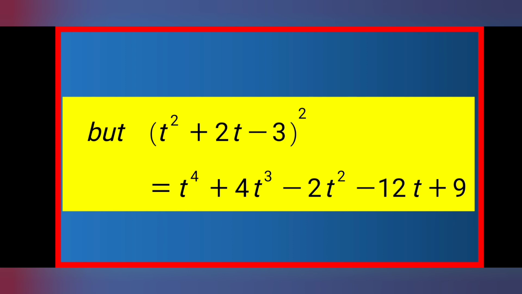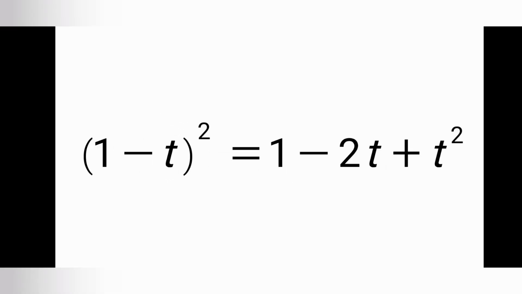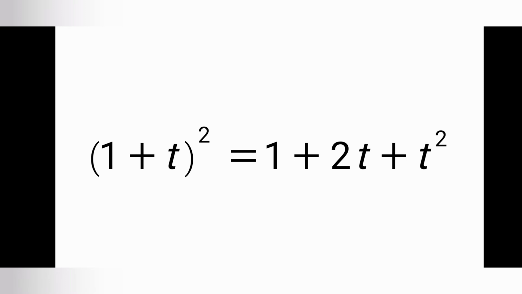If we expand it, we will have t to power 4 plus 4t cubed minus 2t squared minus 12t plus 9. And the second term, 1 minus t to power 2, is equal to 1 minus 2t plus t squared, while the third term, 1 plus t raised to power 2, is equal to 1 plus 2t plus t squared.